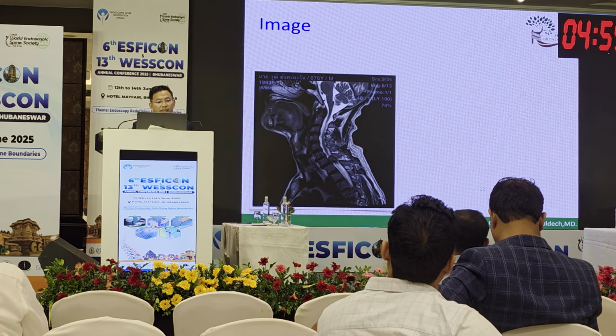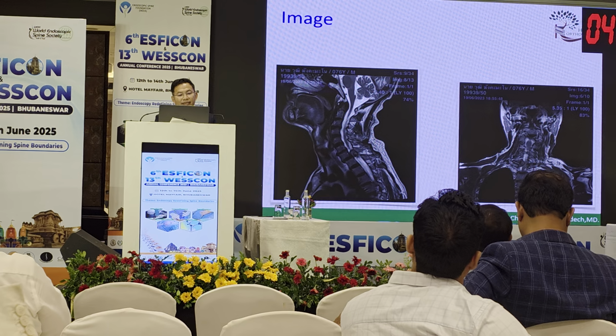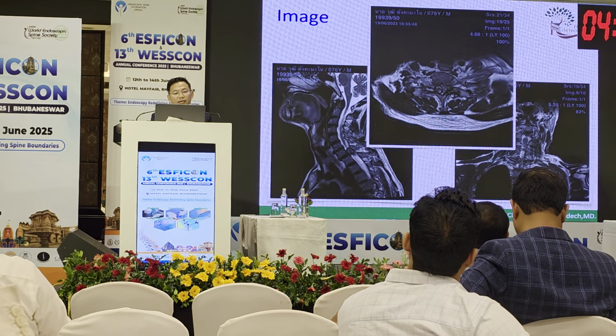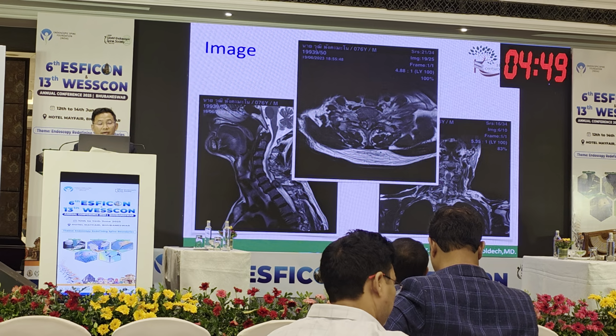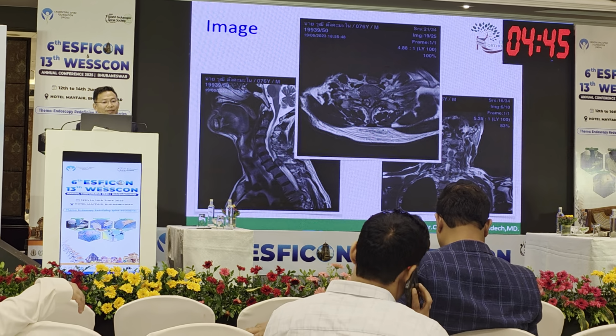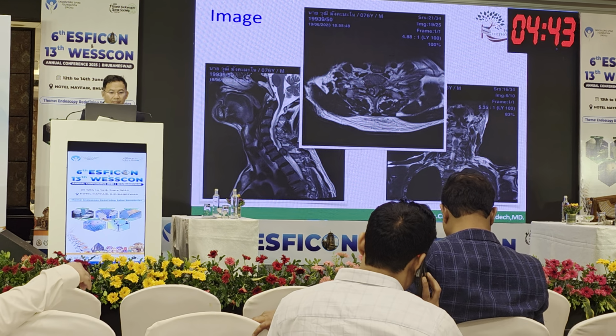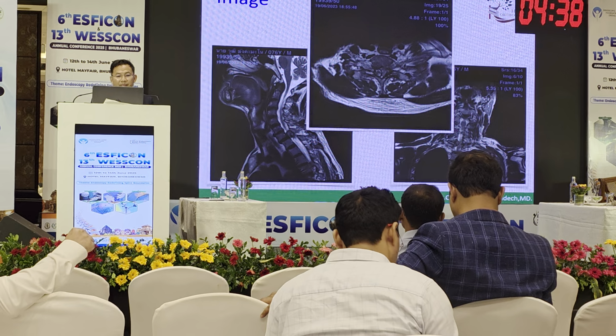This is the imaging. I have only MRI for this case. The MRI shows a facet cyst that looks like a tumor, but this is a facet cyst. Maybe there are a lot of case reports in the papers.